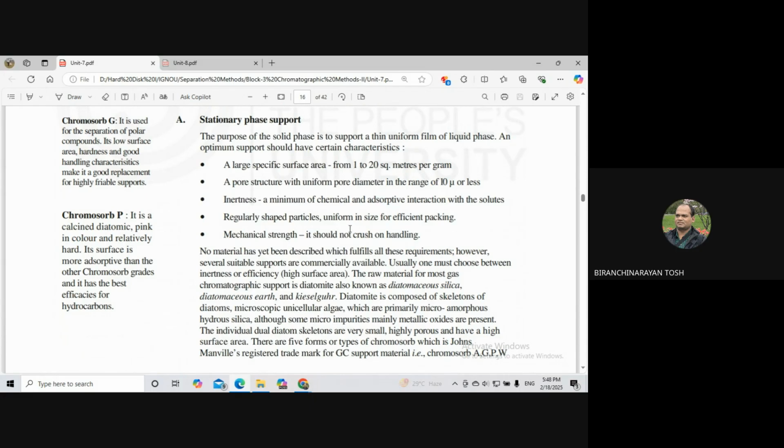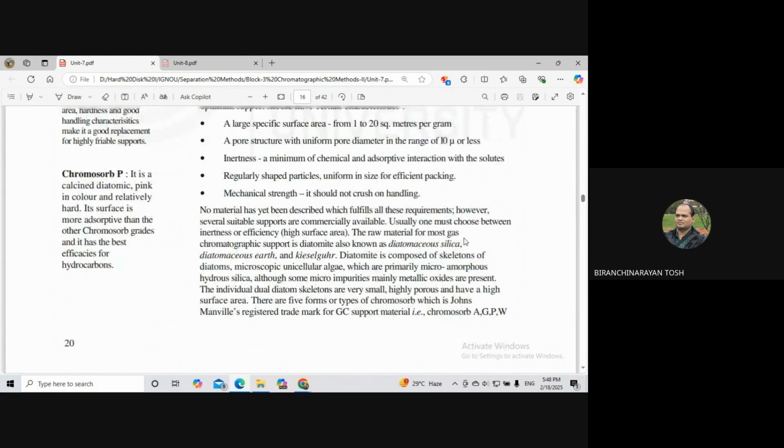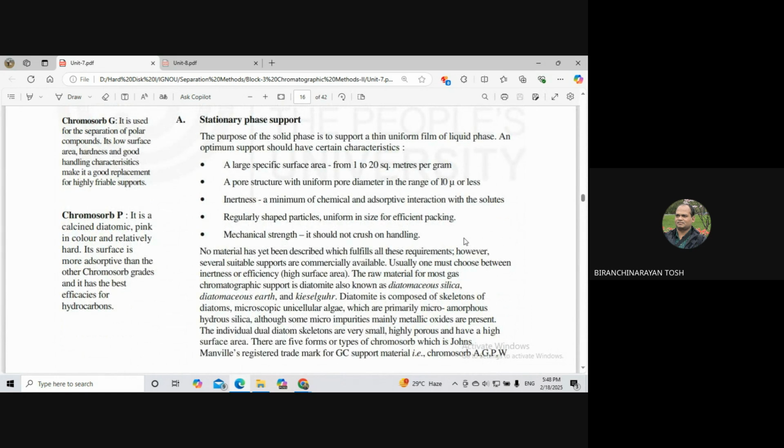Regularly shaped particles must be uniform in size for efficient packing, and mechanical strength. It should not crush on handling. So this must be the criteria to select the column support.